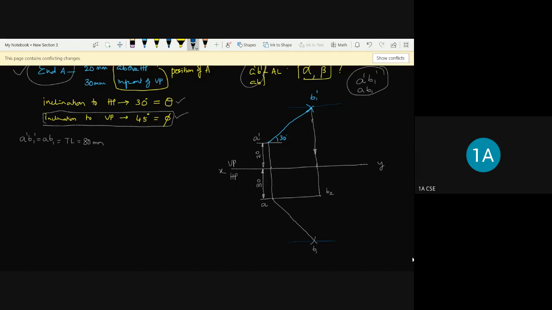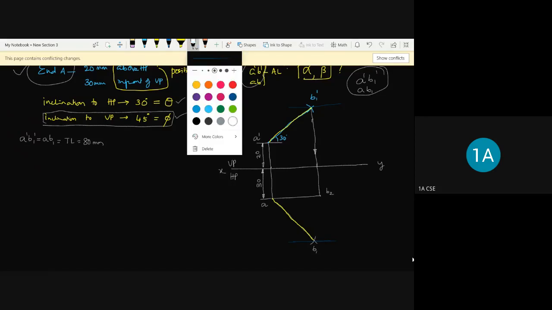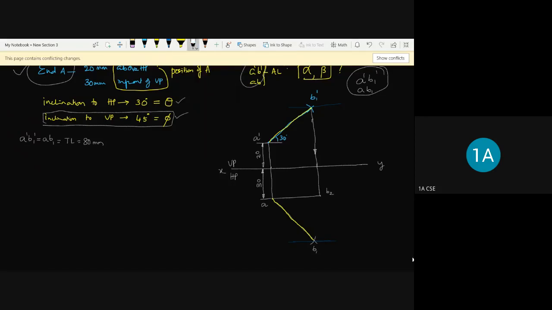Now I will join this AB1 as a true length line, and here it is also a true length line. Now what we do is draw the projection from B1 to get B2 dash.